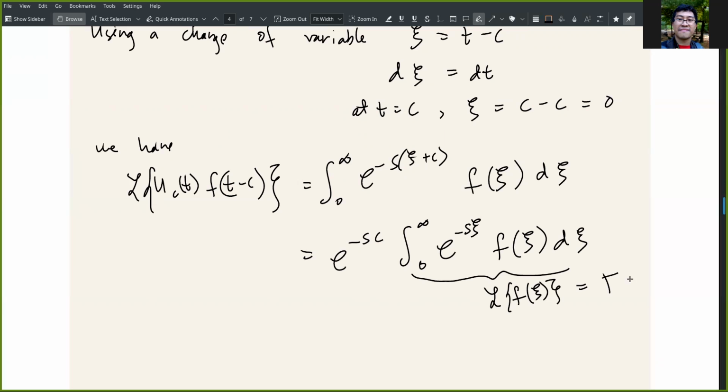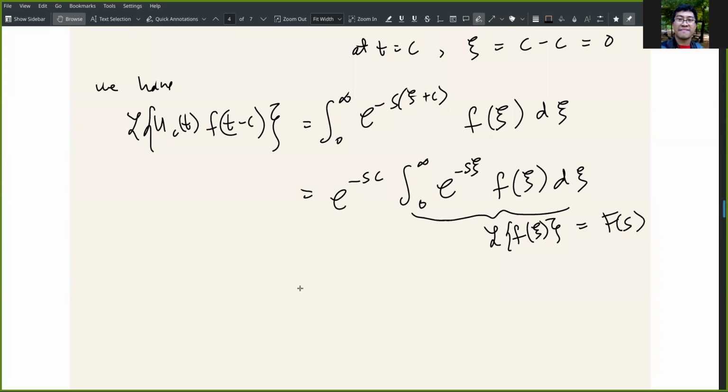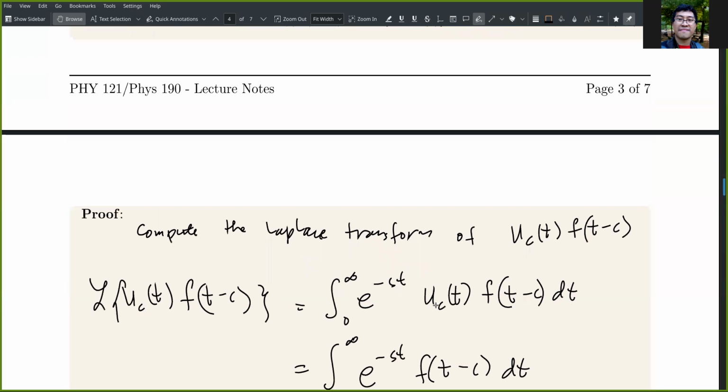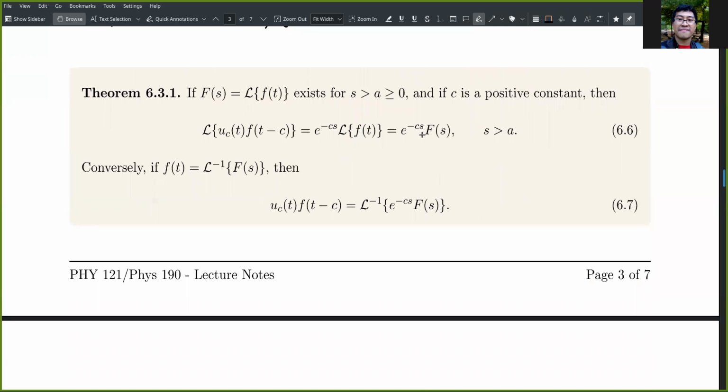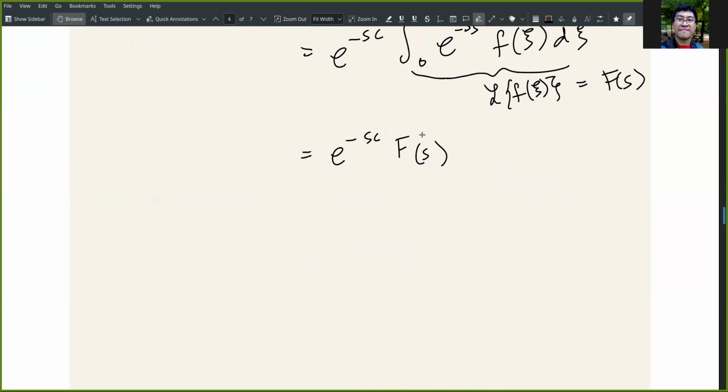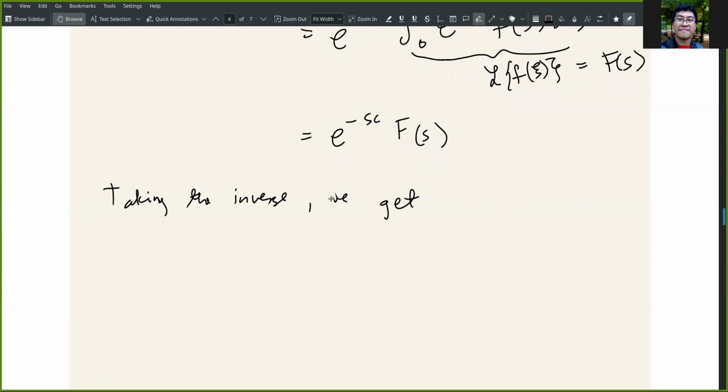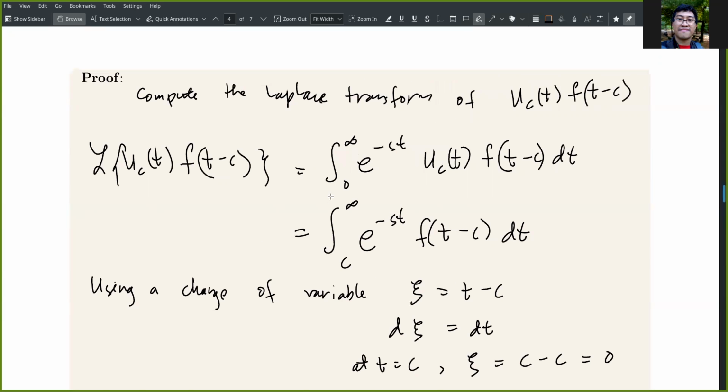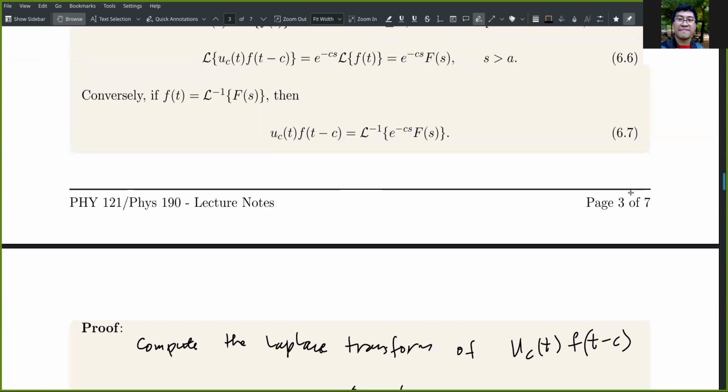So this is equal to F(s). Hence, we write e to the minus sc F(s). That's what we want to prove here. And taking the inverse, we get the second equation, equation 6.7.